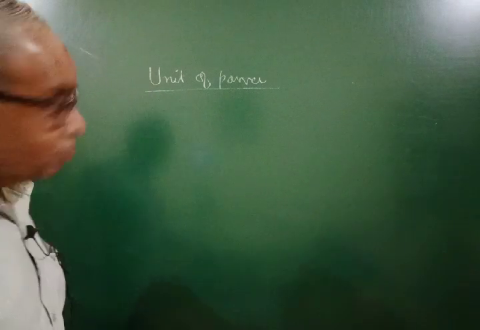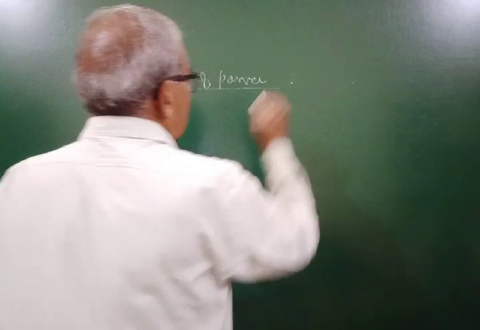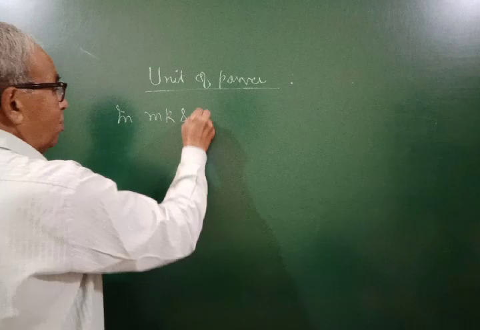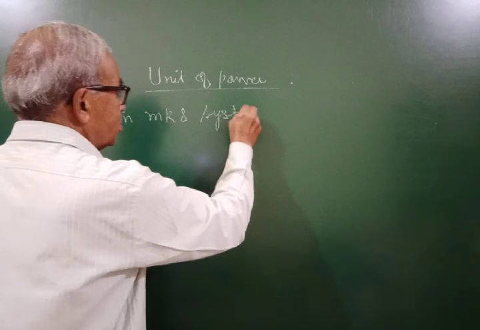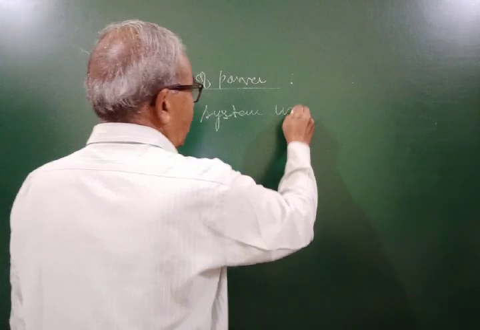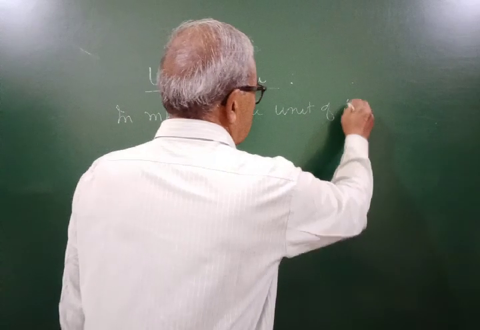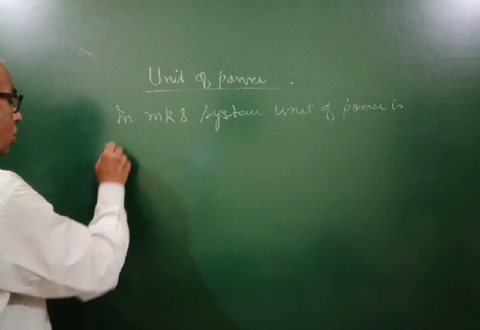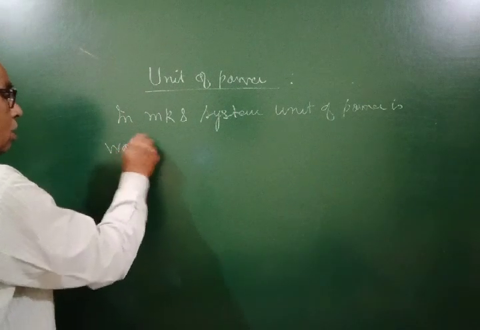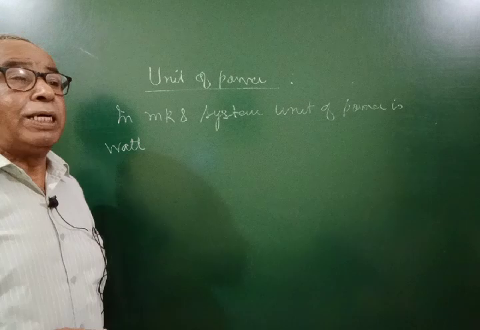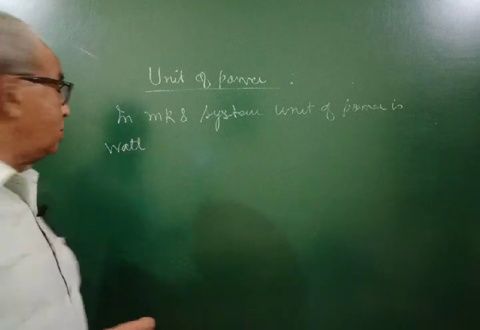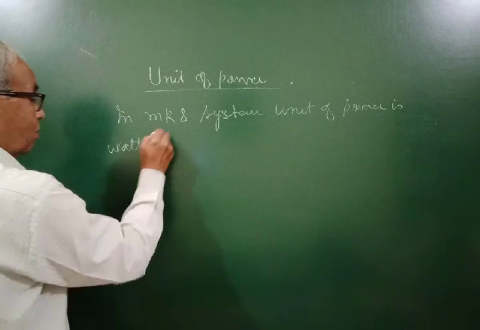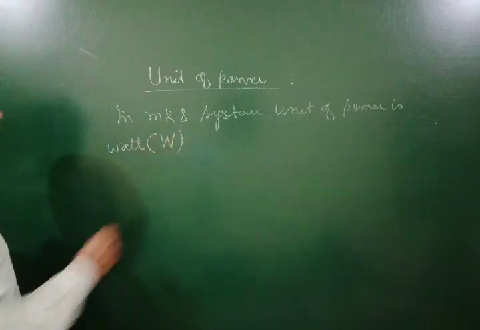So, unit of power. In the MKS system, the unit of power is the watt, named after James Watt, who gave the idea of the heat engine. This W is small here, but we represent it by capital W, watt.